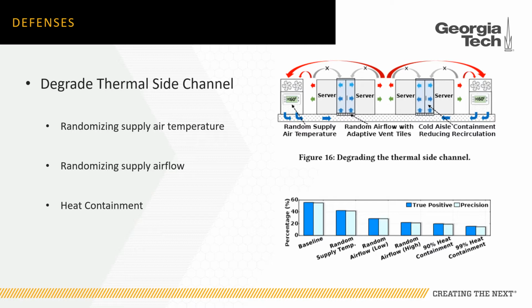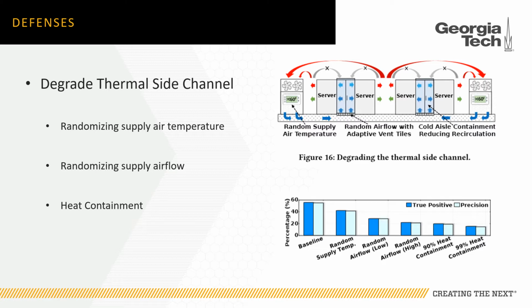It could increase to 65 degrees Fahrenheit, 70 degrees Fahrenheit at random intervals. Now, this puts additional analysis requirements and additional computing requirements on the data center operators' infrastructure, and might not be economically viable.